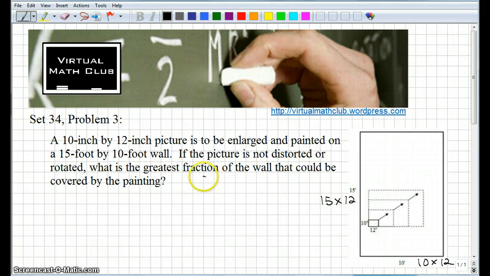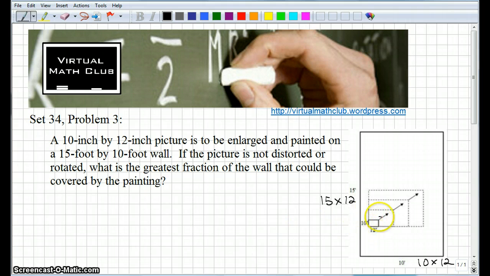I'm going to make a ratio of the area of the picture in the final largest dimension to the area of the wall, and so I'm going to be dividing, and sometimes it's easier to leave it in factored form. Alright, so what's the final area of the picture?